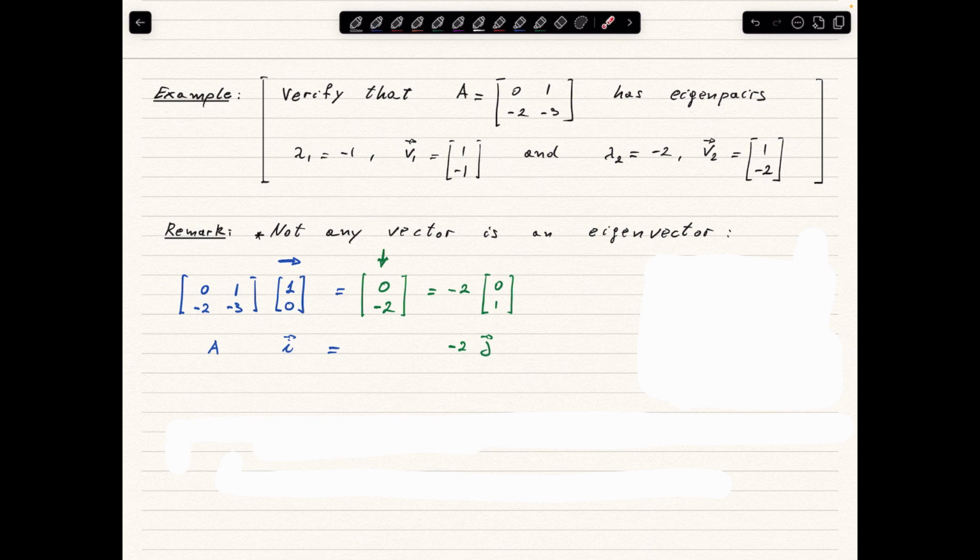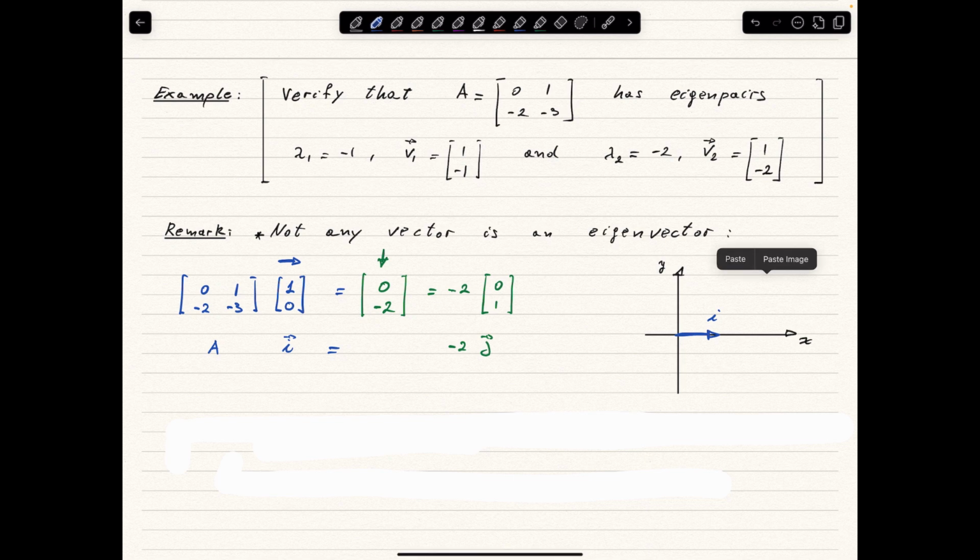The matrix A acting on this vector gives us a vector in a different direction. If we draw what we computed, we have the vector i, let's suppose this is i, the vector 1, 0, sorry. And then we got, as a result, the vector 0, negative 2. So this is the vector negative 2j.